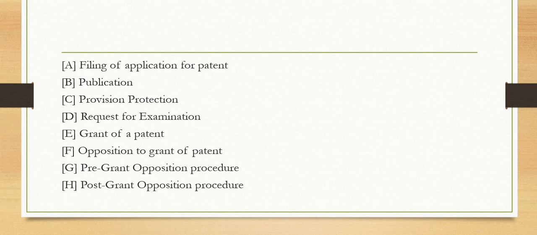Then there is opposition to the grant of a patent under section 25. The Indian patent system provides two opposition proceedings, one before the grant of the patent and one after the grant.